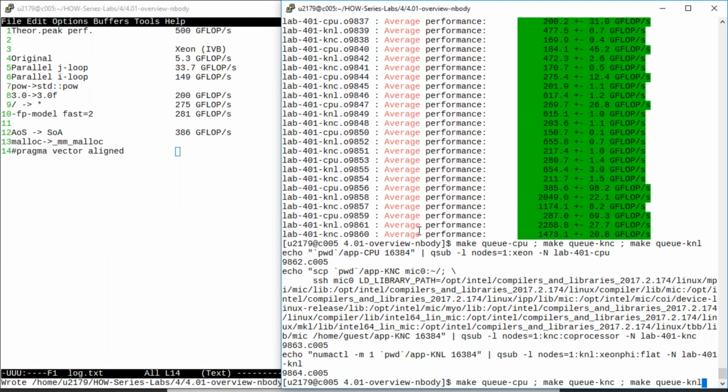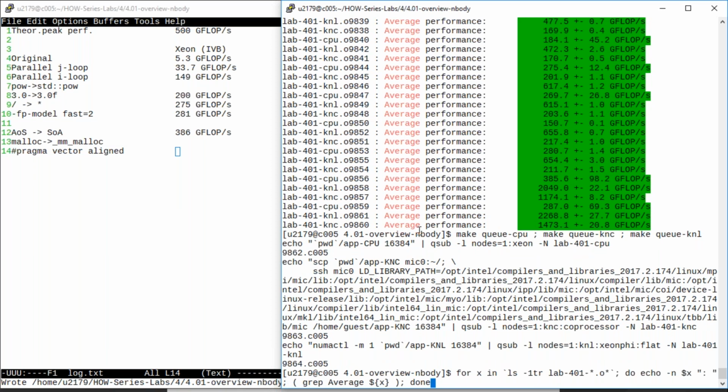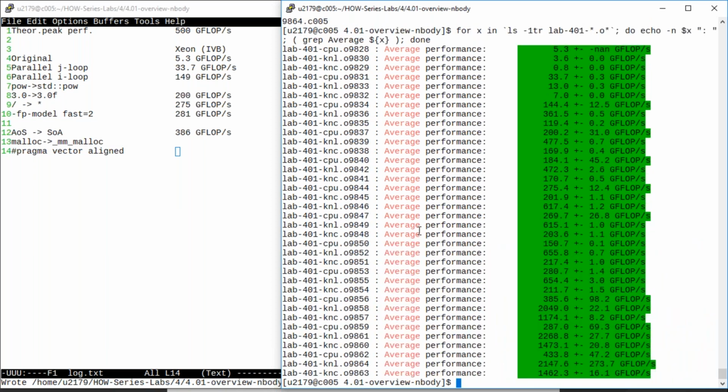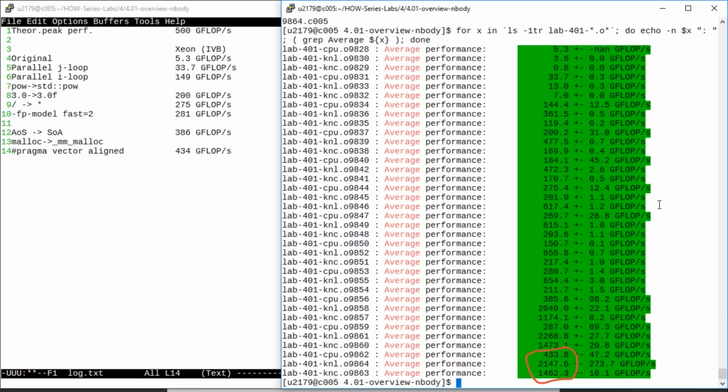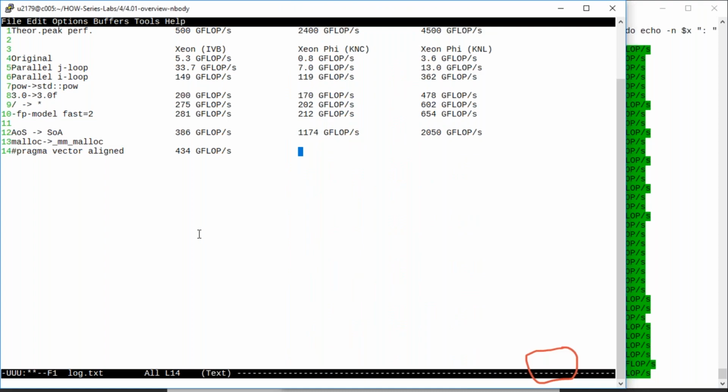So this, yeah, now it makes more sense. So this is actually a good performance measurement, 434. $14.62.